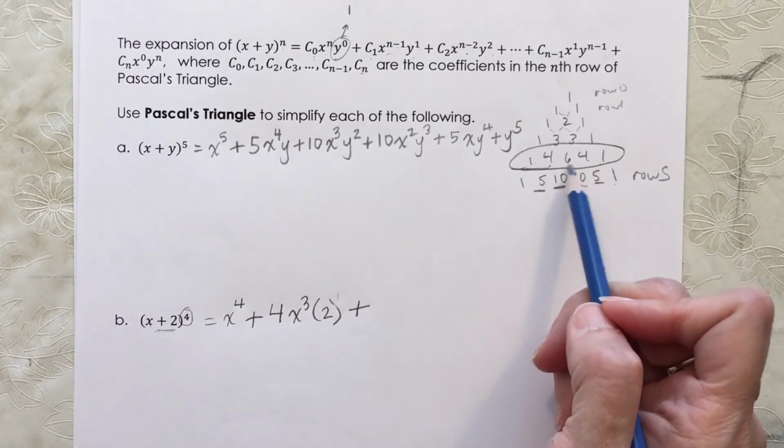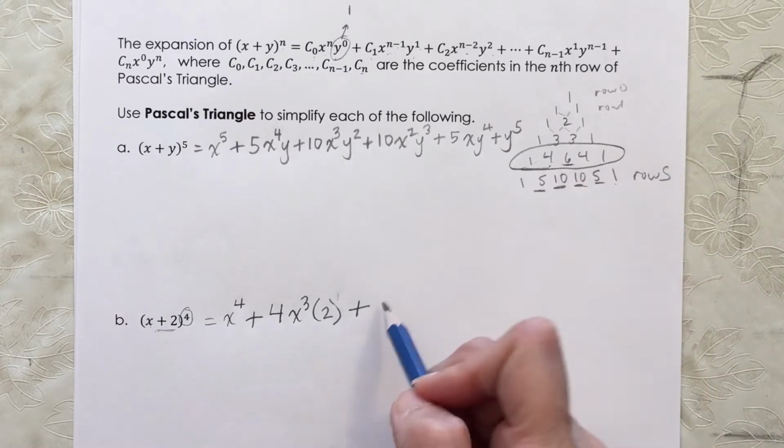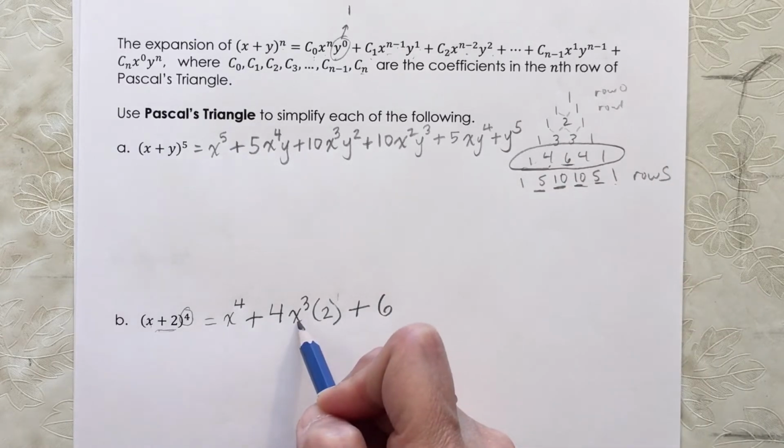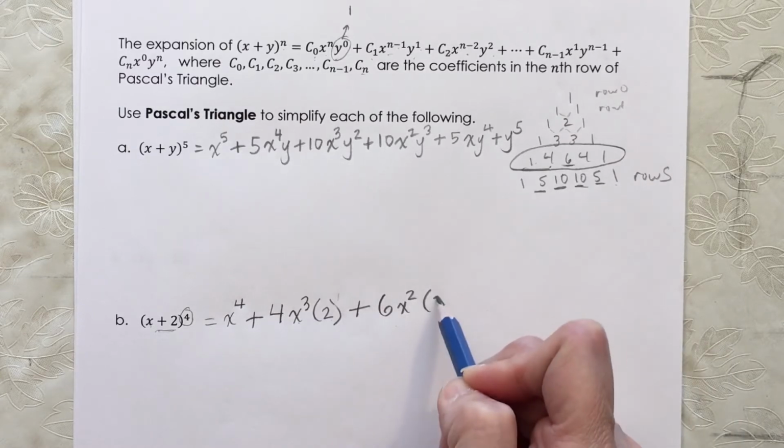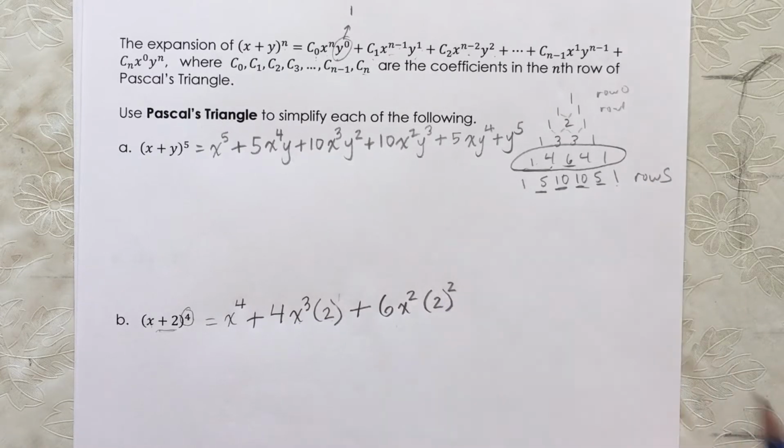Plus, the next number in the 4th row of Pascal's triangle is a 6. Then the exponent on x is going to be reduced by 1, and the exponent on 2 is going to be increased by 1.